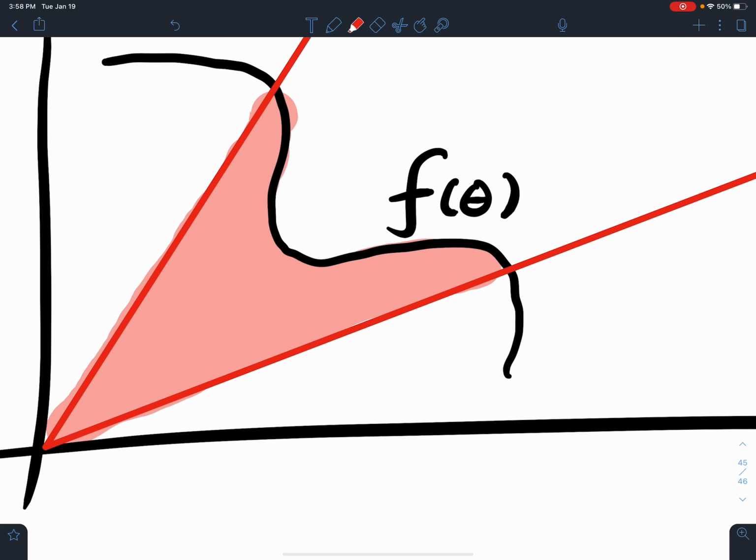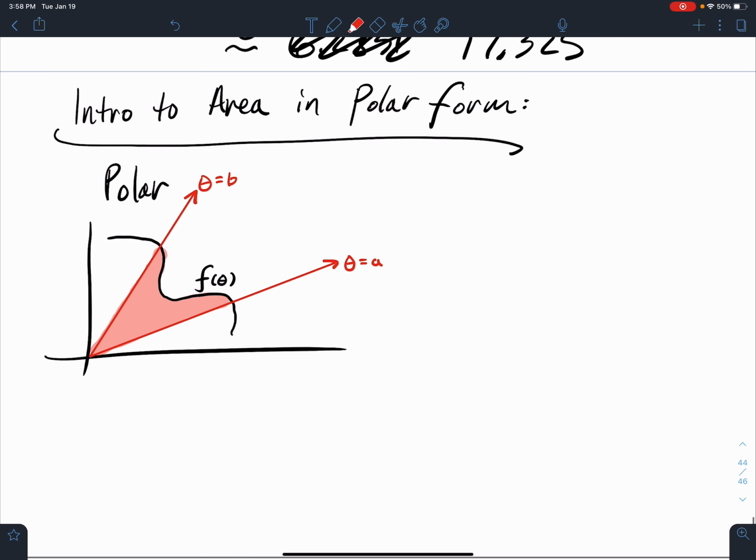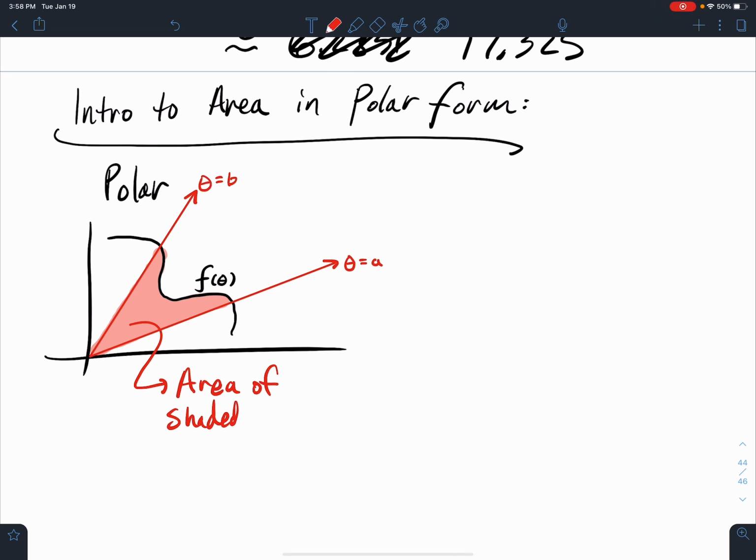That's what we're looking for right there. All right. Now, how do we do this, right? How are we going to figure out the area of that shaded region?